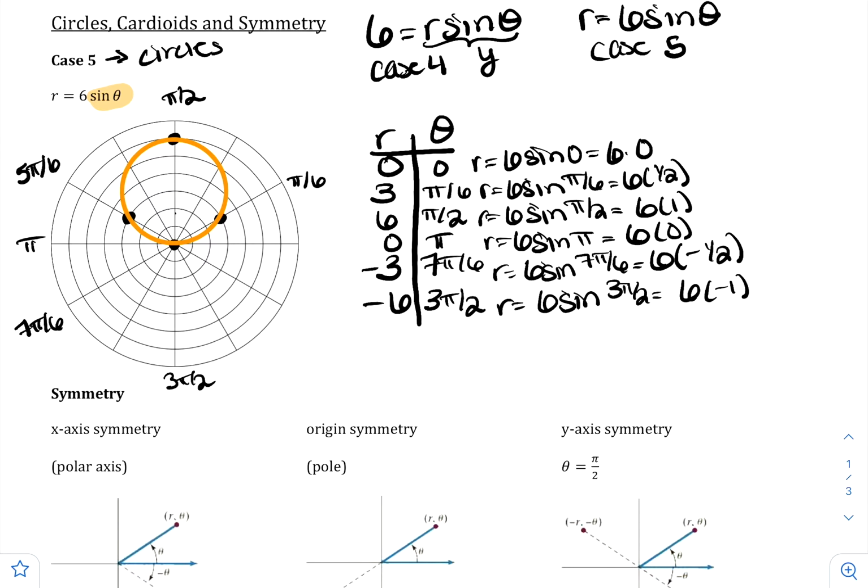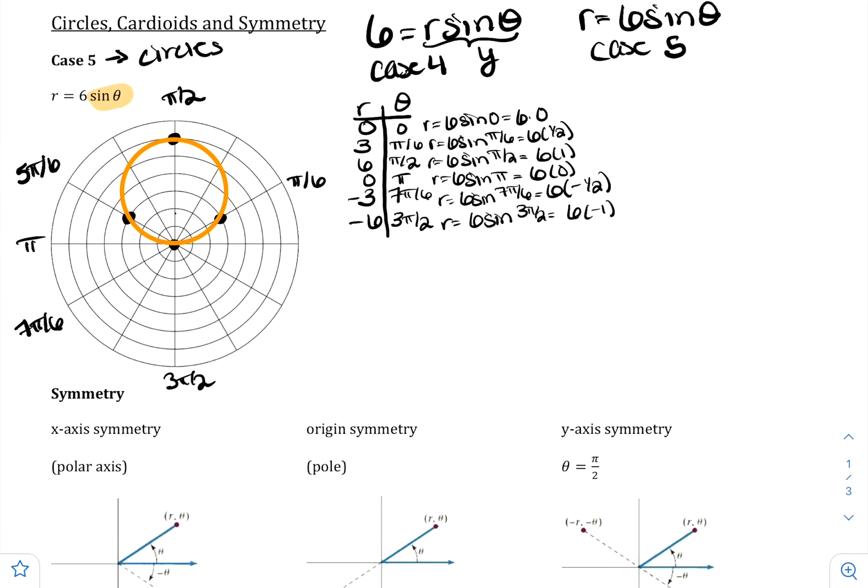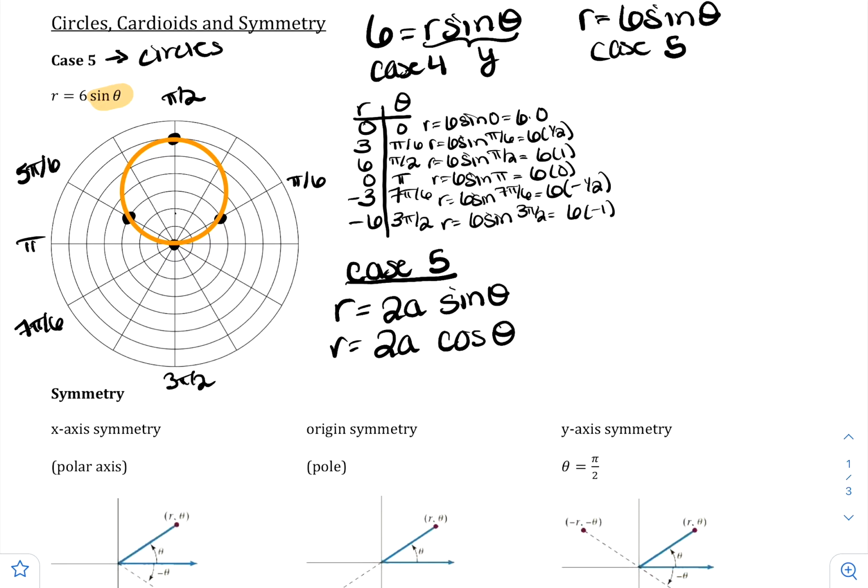So let's write what case 5 is in general. Case 5 is going to be an equation that looks like r is equal to 2a sine theta, or r is equal to 2a cosine theta, and I'm going to explain what the a is. Now, what does that 2a in the front mean? Well, it's going to tell you something about the center of the circle, and something about the radius of the circle.